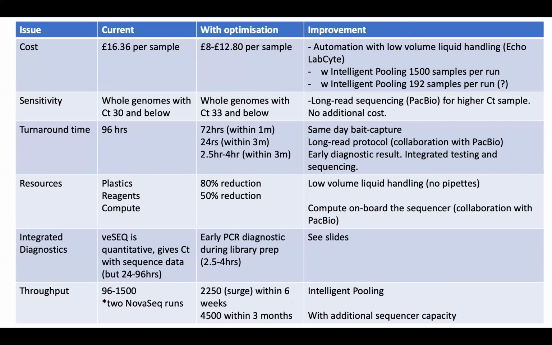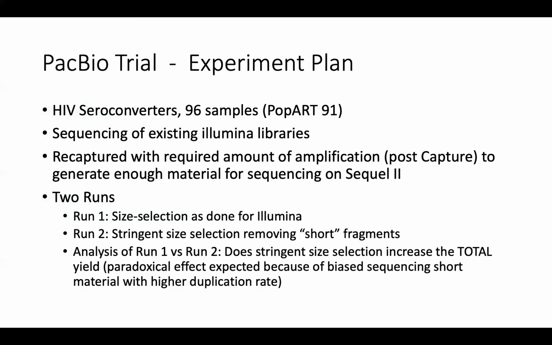So we have recently trialed the PacBio instrument in Oxford using a version of the vSeq platform, and I'm going to show you some exciting data on that now. We used HIV seroconverters and 96 samples from that.